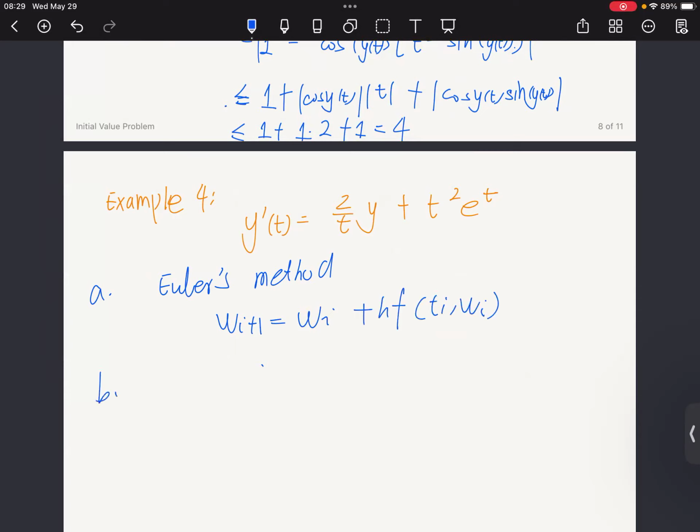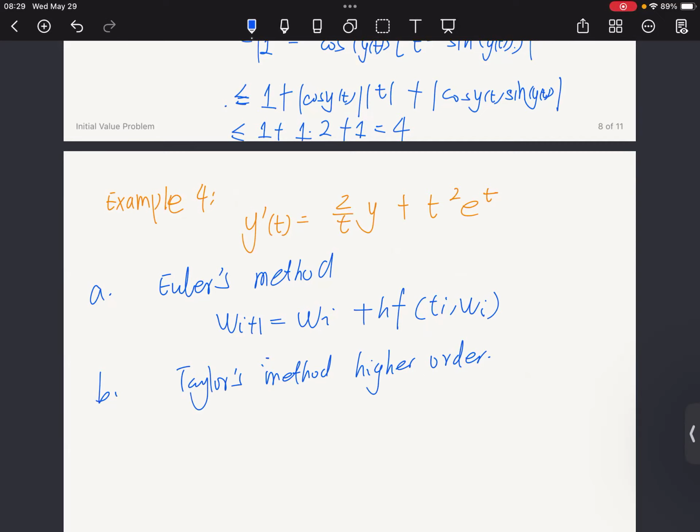But I also mentioned some Taylor's higher order methods, and for those questions you might need to calculate more terms here. Those extra terms require you to calculate the derivative of f. So let me copy down the idea here.